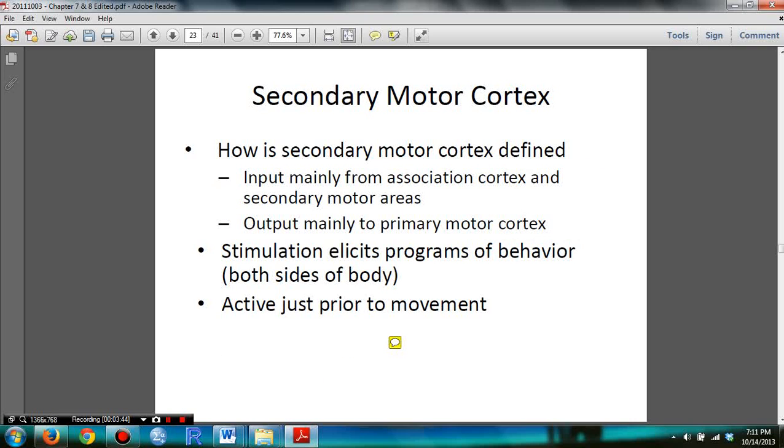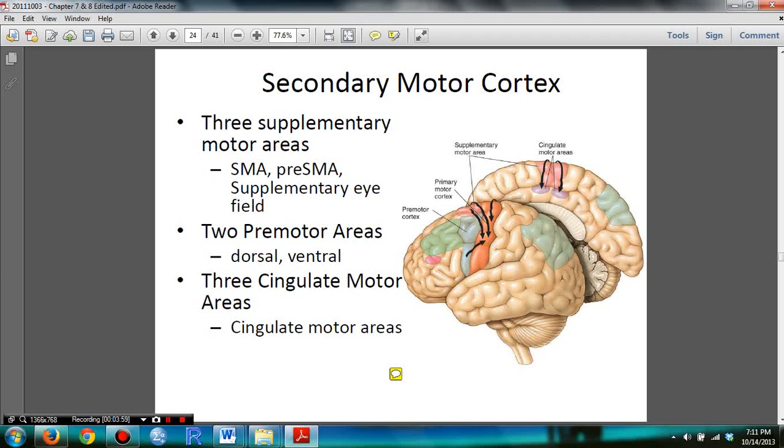And in the secondary motor cortex, how is secondary motor cortex defined? You need to know this slide. And then here's my side note. For the secondary motor cortex, there are three supplementary motor areas, two premotor areas, dorsal and ventral, and then three cingulate areas.